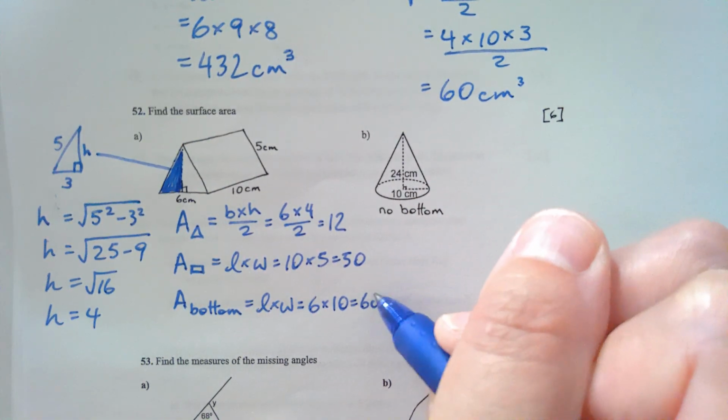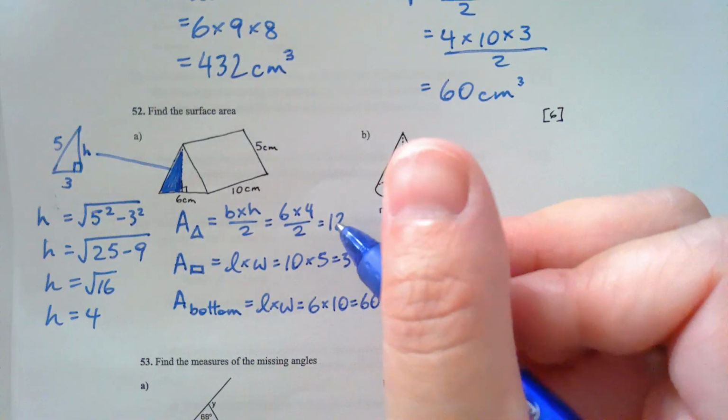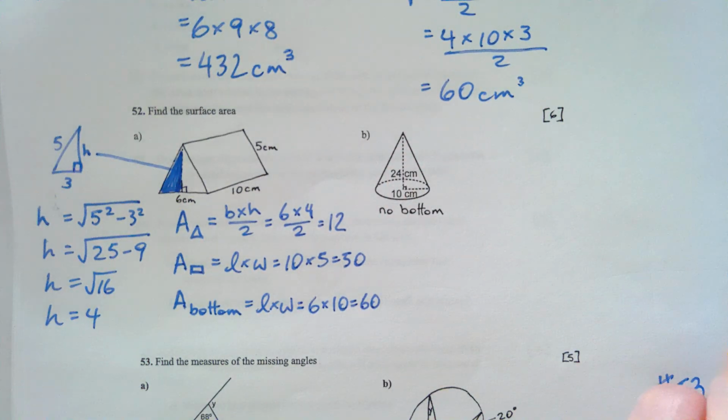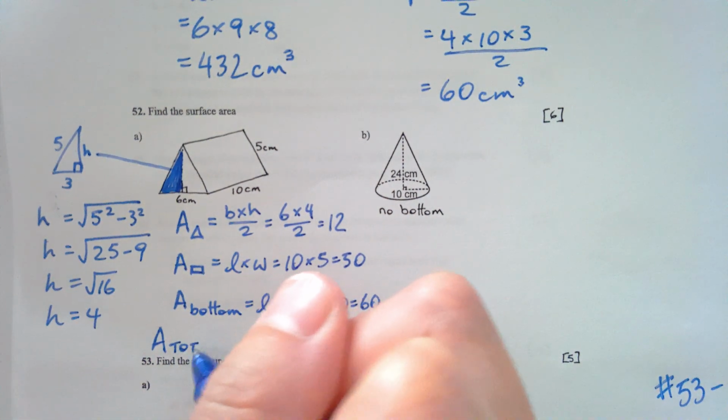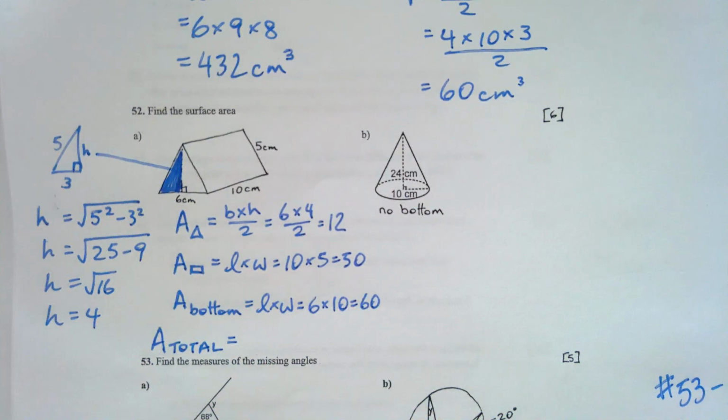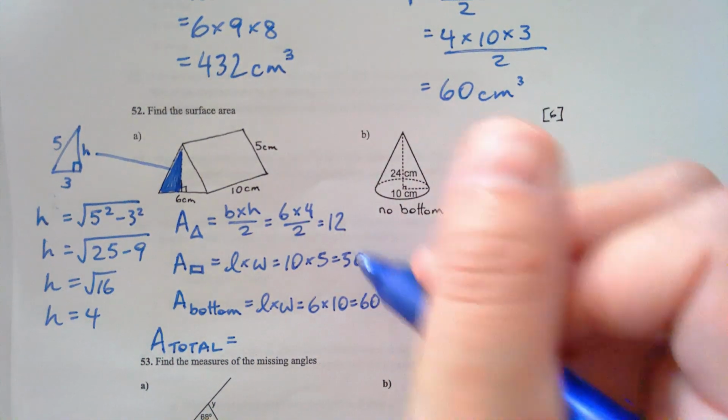So 60. Should I just add up all these? What's the trick, Margaret? How many sides are in this shape? 5. So I should add up 5 numbers.